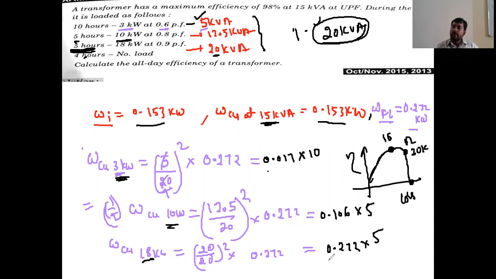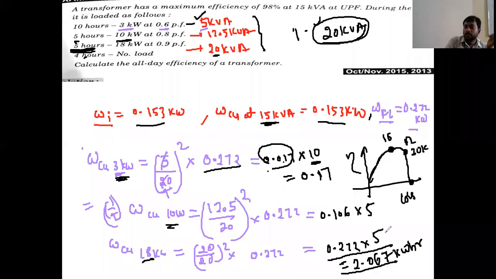After multiplying and adding, we get the total copper losses as 2.067. So I erase all these things.